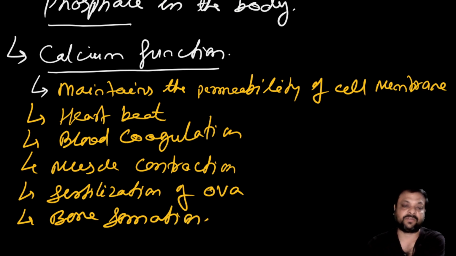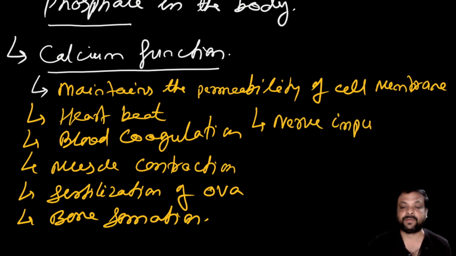So these are the basic functions of calcium. It maintains permeability of the cell membrane. It maintains heartbeat. It maintains blood coagulation. It maintains muscular contraction. It maintains fertilization of ova, helps in bone formation, and also it helps in nerve impulse conduction.